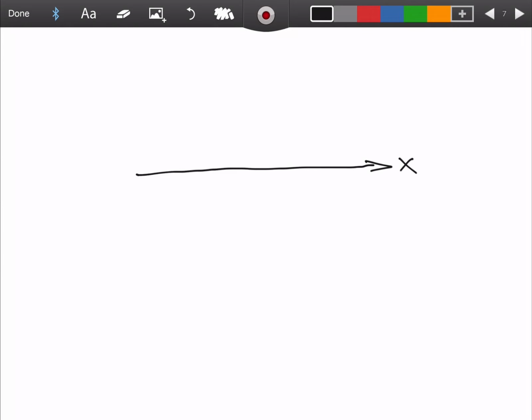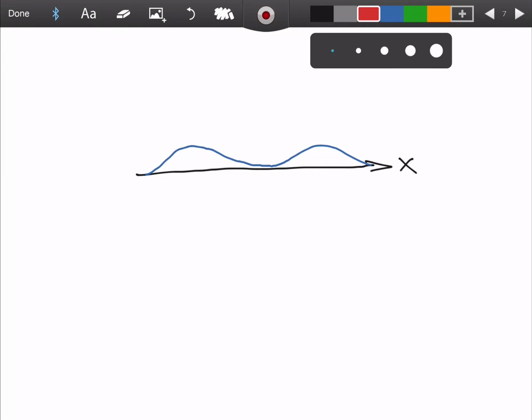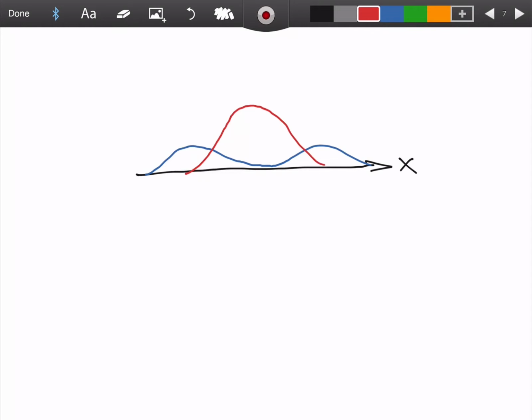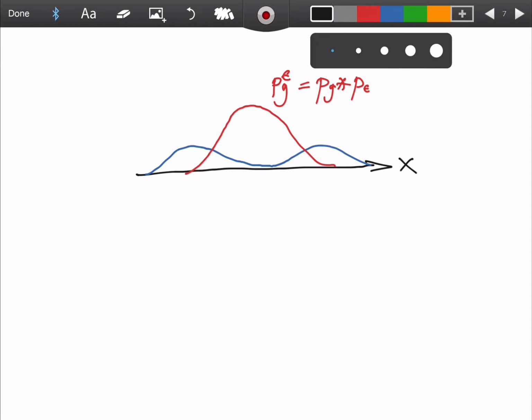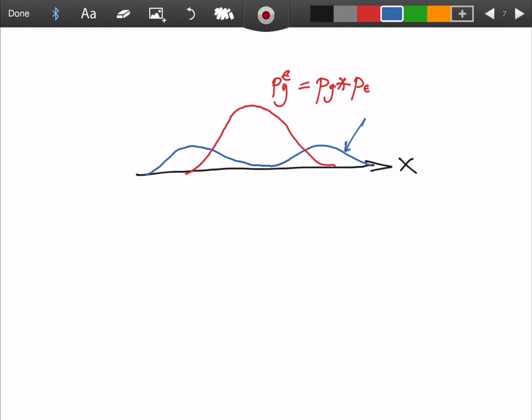This is X. This will be my new data distribution, and this will be my new generated distribution. This is PG epsilon, which is PG convolution with P epsilon, and this is PD epsilon, which is PD convolution with P epsilon.